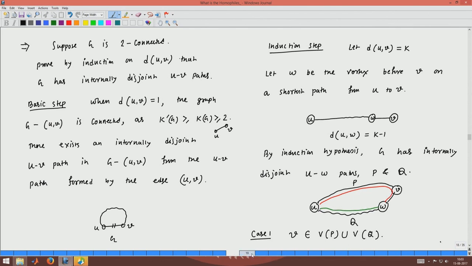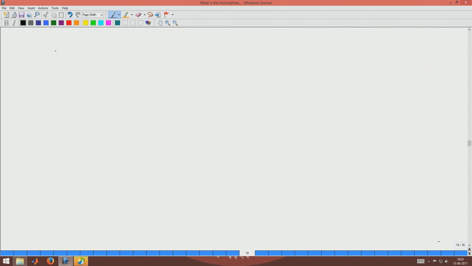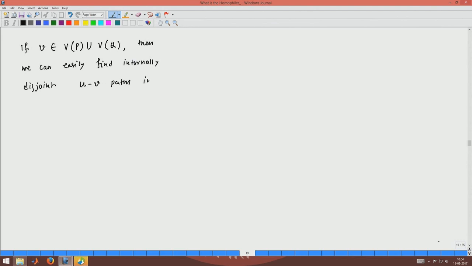So under case 1, if v is in the vertex set of P union the vertex set of Q, then we can easily find internally disjoint uv paths in G.